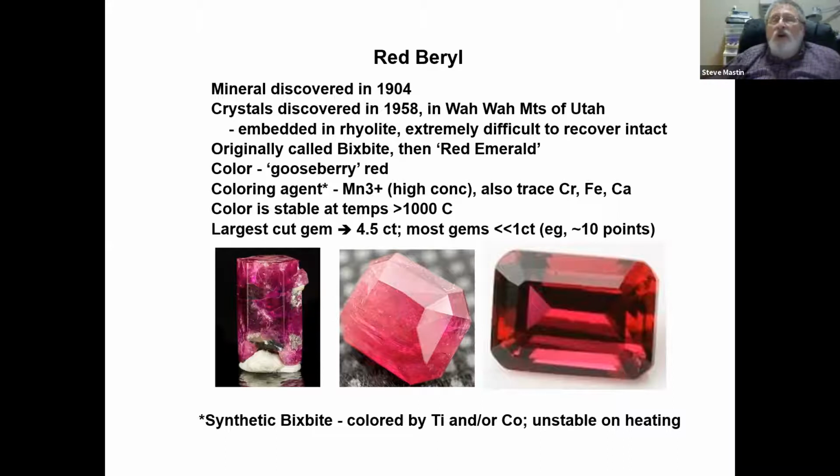So first of all, rhyolite is like granite, and it's tougher than all get out. And so the way they get to it is they blast the rhyolite. And that doesn't help crystal size very much. And then once you find an intact crystal, after you blasted the hell out of the rhyolite, you got to remove the rhyolite. And so what you end up with is really, really tiny crystals.